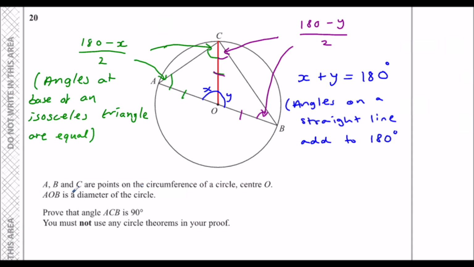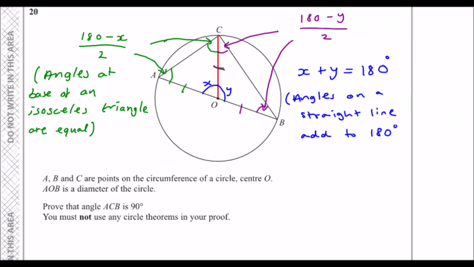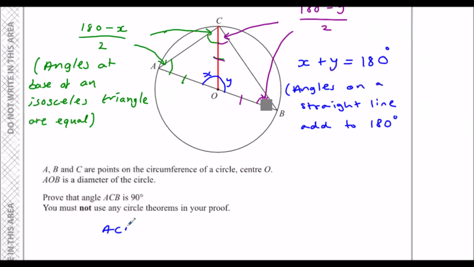So our angle ACB, we can write down what it is in terms of x and y now. ACB is 180 minus x over 2 plus 180 minus y over 2. So it's the green angle plus the purple angle.